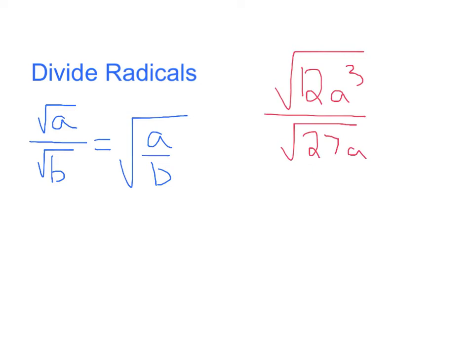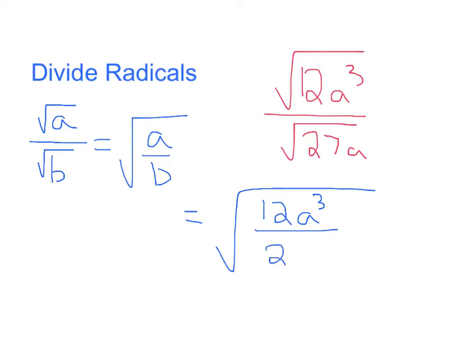So I'm going to bring it together and look at 12a to the third over 27a. The reason I do that is I want to see what's going to happen if I simplify what's underneath the radical and then worry about taking the square root. If you divide 12 by 27, you just get a decimal. But can you simplify it is the question.